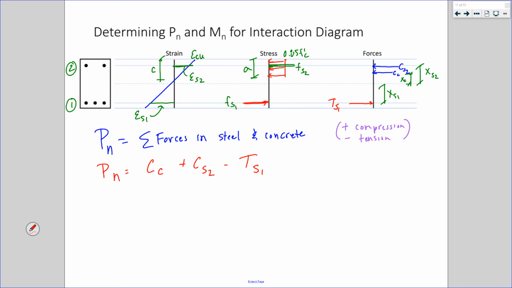Well, actually, if it's less than 0, then you're solely relying on your tension steel. C sub C and C sub S shouldn't be less than 0. Actually, never mind. Don't listen to me. C sub C shouldn't be less than 0. C sub S could flip to T sub S too.